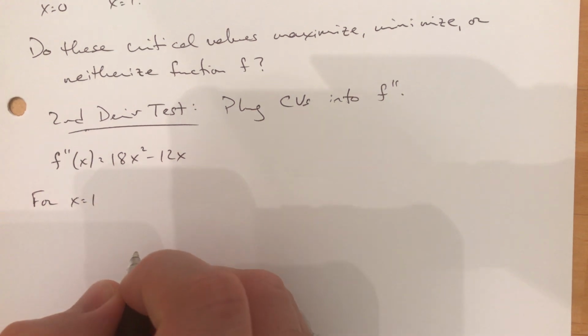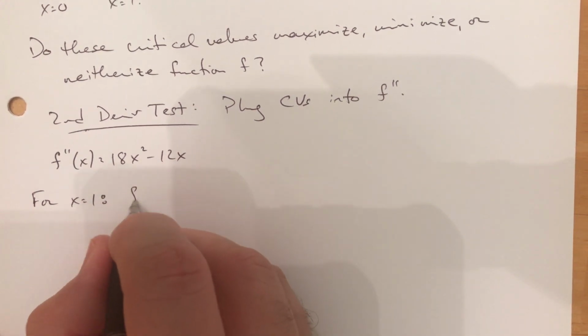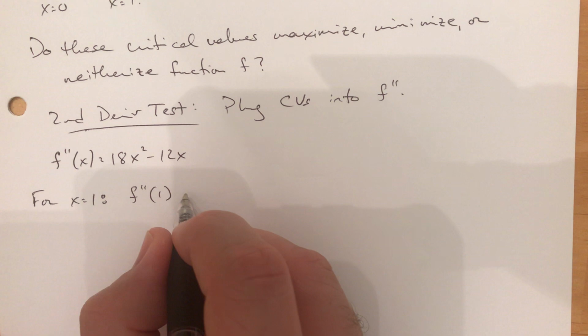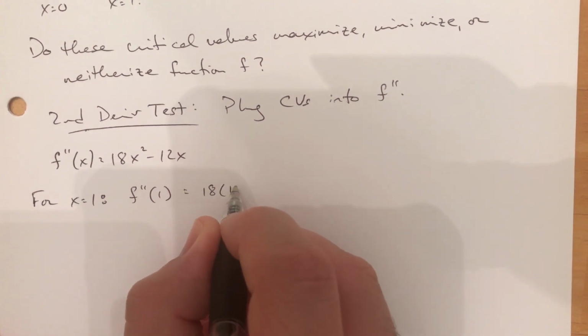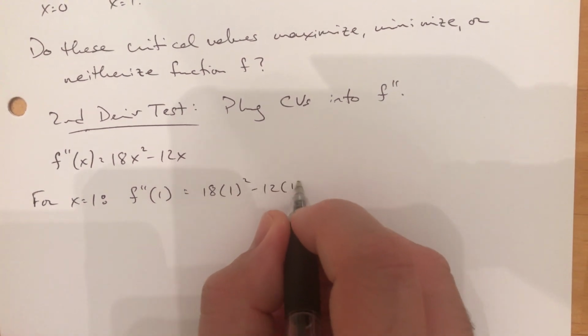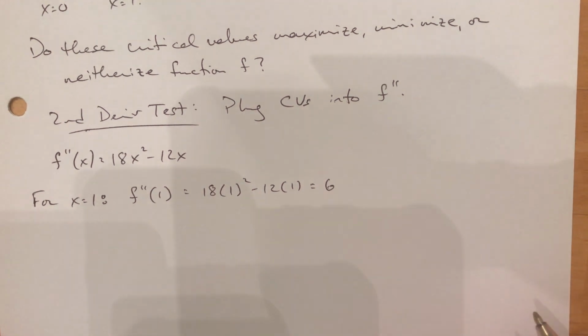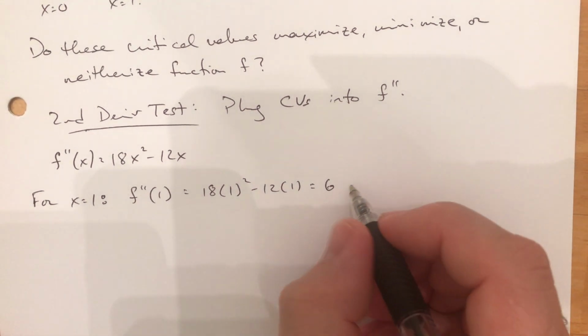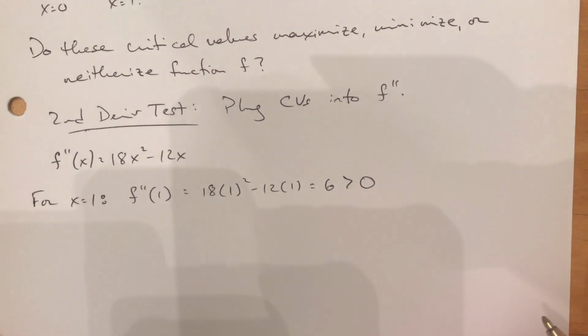For x equals 1, we have f double prime of 1 as 18 times 1 squared minus 12 times 1 is 6. That is positive 6.